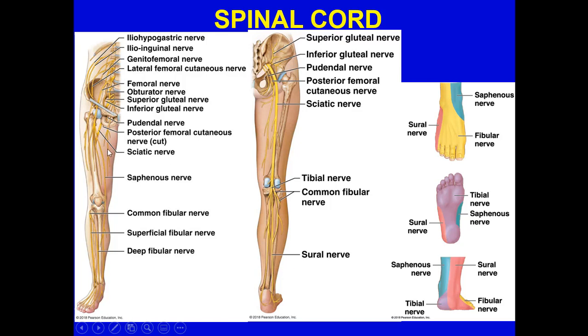Sciatic, and now we move down into the saphenous nerve, the common fibular nerve, the superficial fibular nerve, the deep fibular nerve. Now behind it, you see where the sciatic goes downward, branches off into areas such as the common fibular nerve here, and then we have the sural nerve, which notice that goes on the outside of the foot, and yet it innervates basically most of the bottom of the foot. That's where it's playing a role.